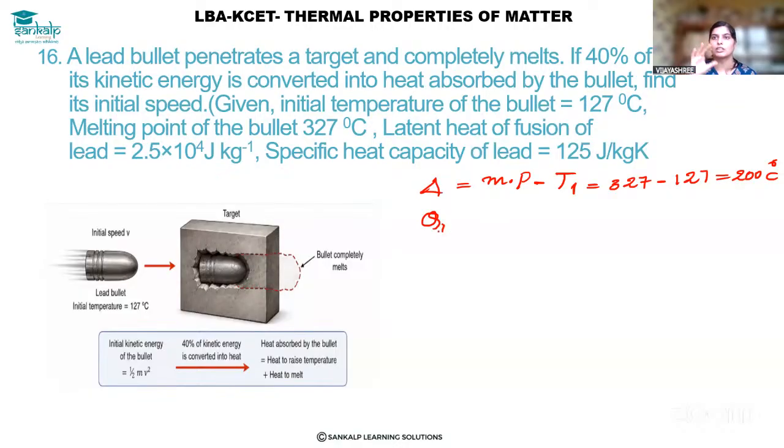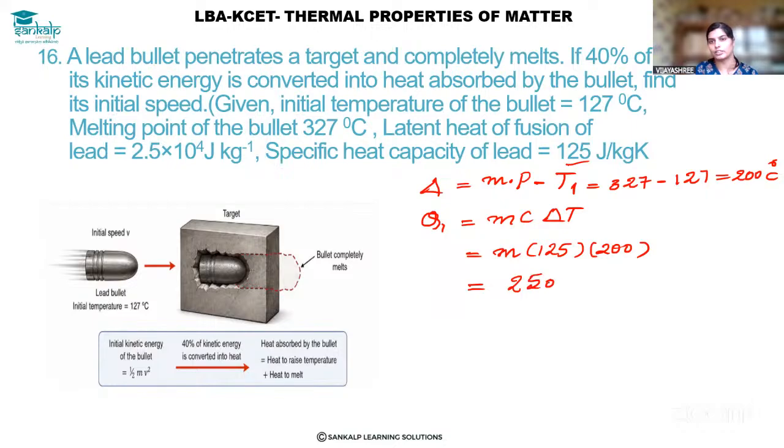The heat required to reach the melting point is equal to mass of the bullet into C into delta T. Specific heat capacity of lead is 125, so it is m into 125 into 200, since delta T is 200. Calculating this, it is 25,000 m joule per kg.